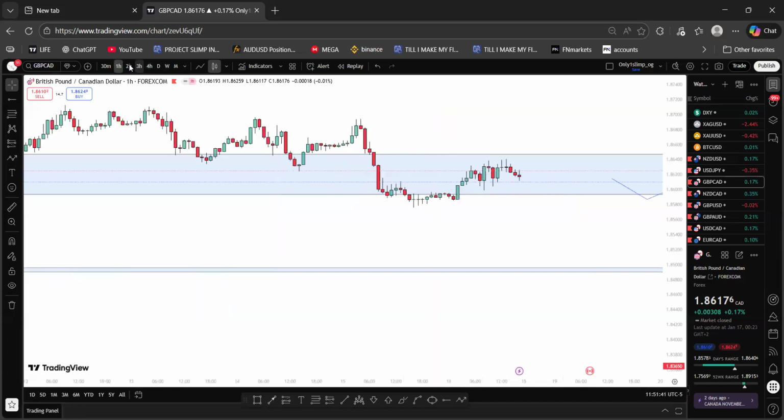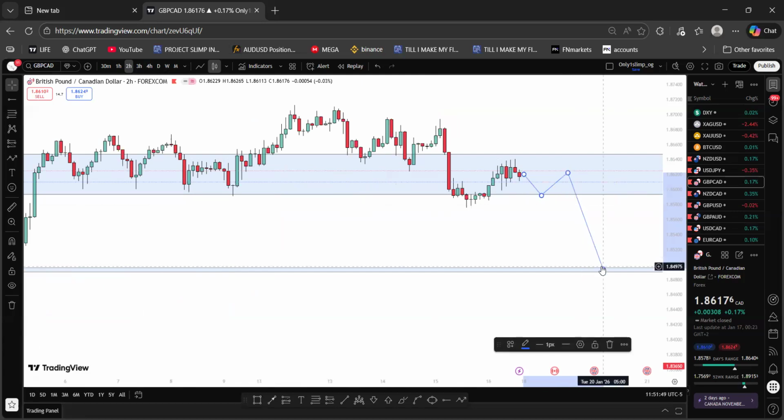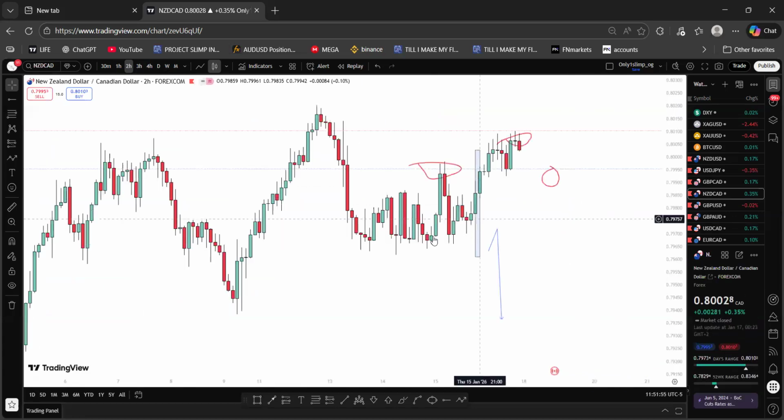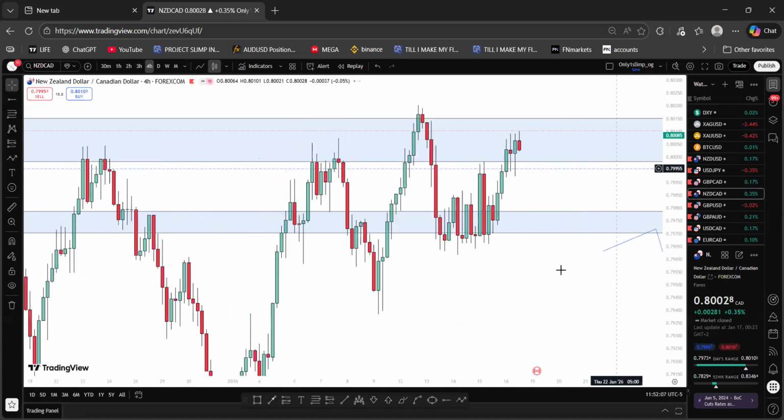Expecting a possible right shoulder, head and shoulder pattern, on the 2 hour time frame, then I can sell. This is GP card. Then NZD card, expecting for price to break below this level, and then I can sell.